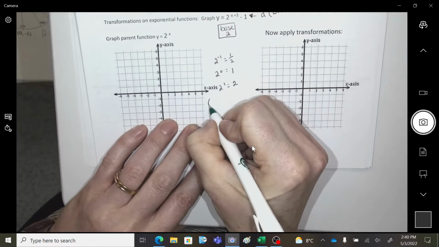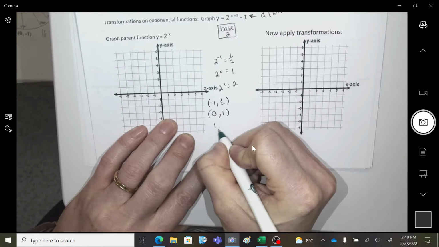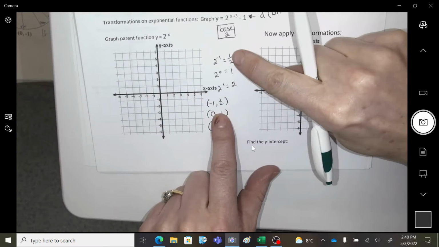So I have these 3 points. Those are my 3 points that I'm going to graph, and I'm going to be able to figure out the pattern. Do you see where I got those points from? The input, output.